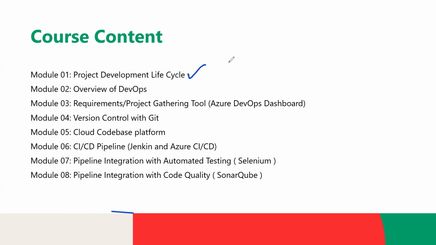Let me give you a few examples, like GitHub. No matter what technology you are working on, you are definitely using some SCM tool like GitHub, Azure Repos or Bitbucket. That is nothing but DevOps. And who does that setup? The DevOps engineer is responsible for that setup.